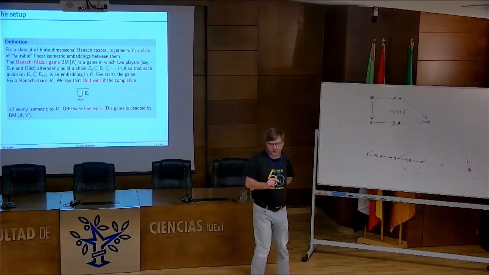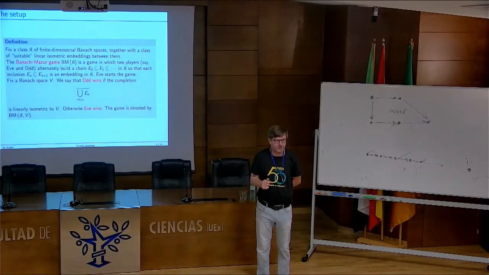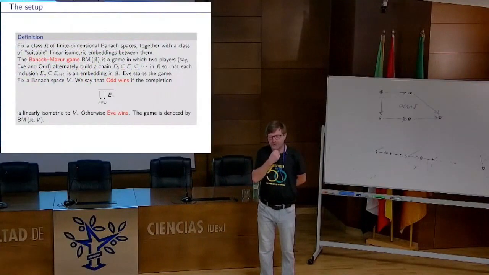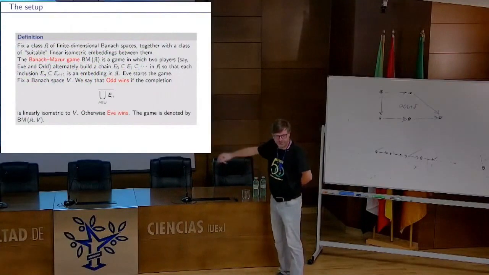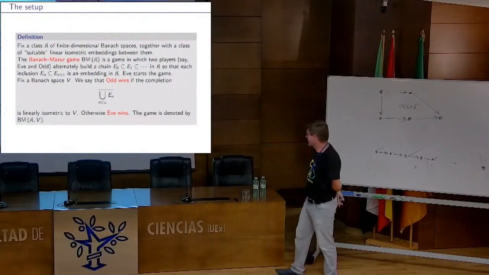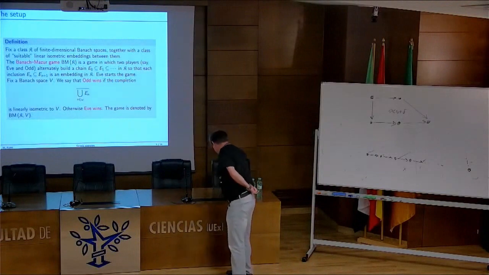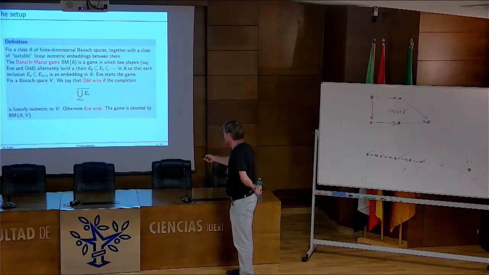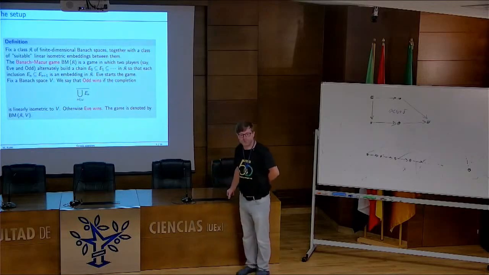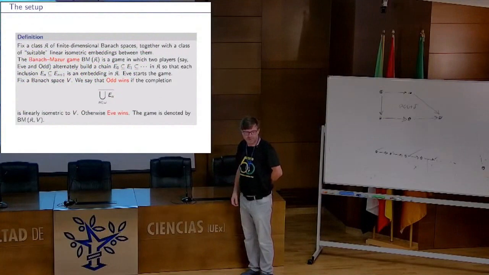I'm going to talk about isometric theory. Everything is up to isometry and everything is about separable Banach spaces and operators. But again, this completion of this union is nothing but the colimit in the category of Banach spaces and operators, non-expansive typically.